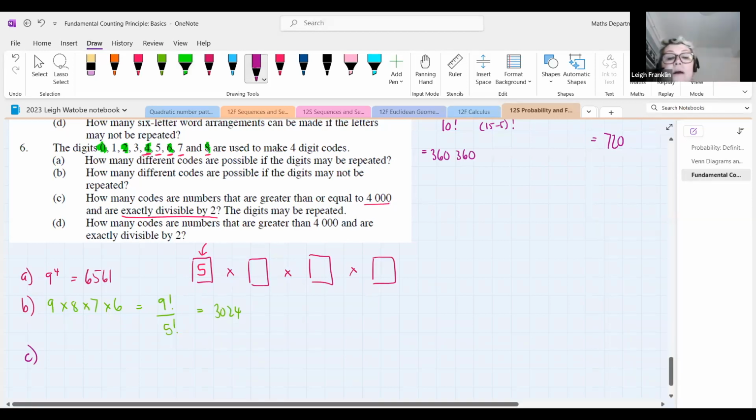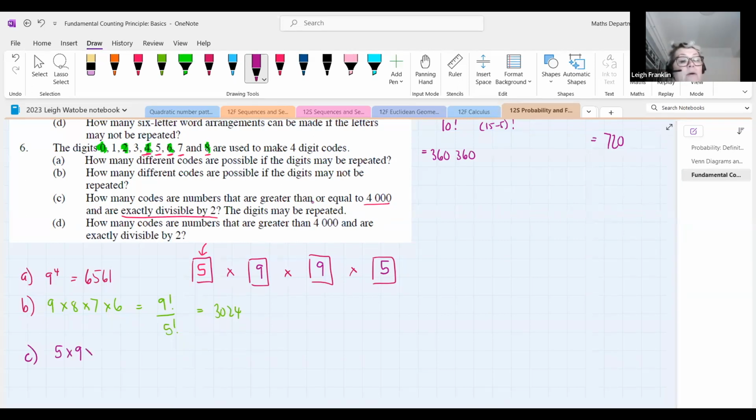So here there are 5 options. If digits can be repeated, then we can use any one of the 9 digits over here and any one of the 9 digits over there. So good, you were quite right. 5 times 9 times 9 times 5.